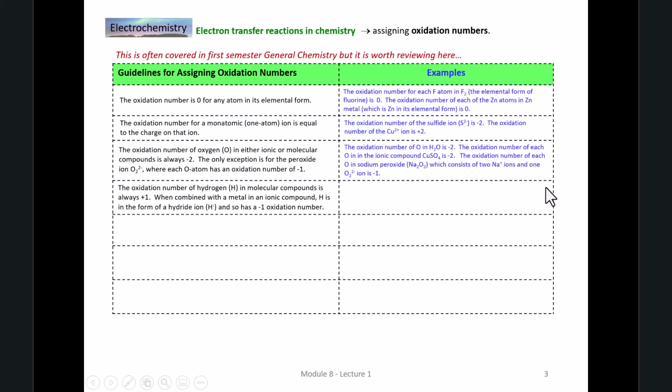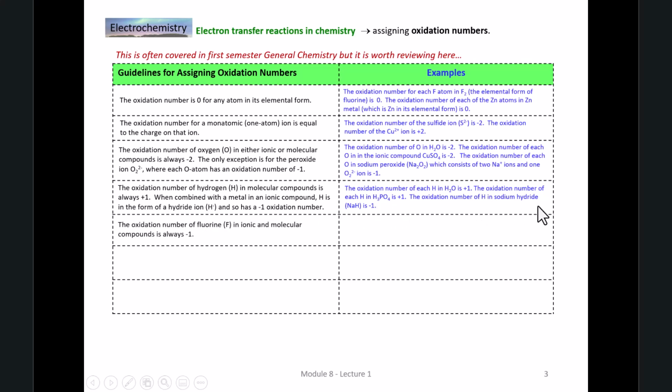For 99% of the cases, you will see hydrogen has a +1 oxidation number, except of course if it's in an elemental form. The oxidation number of each hydrogen in H2O is +1. The oxidation number of each hydrogen in phosphoric acid is +1. The oxidation number of hydrogen in what's called sodium hydride, which is one of these different situations, is -1.